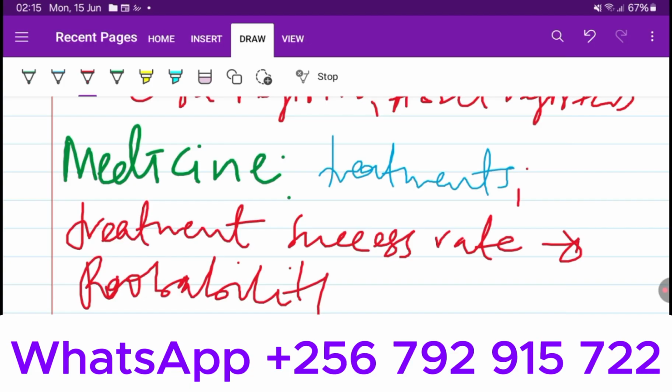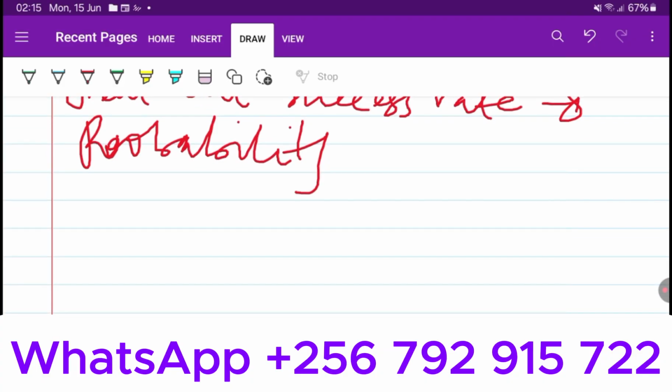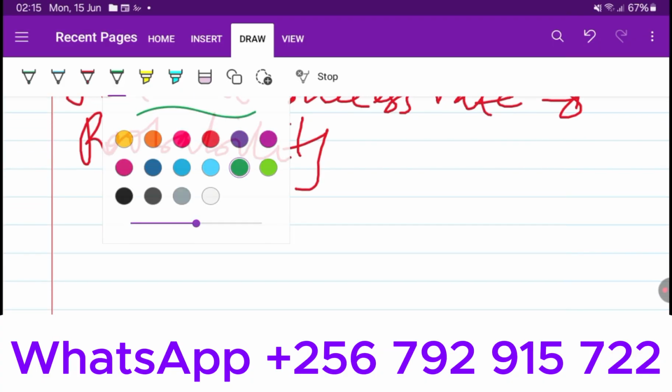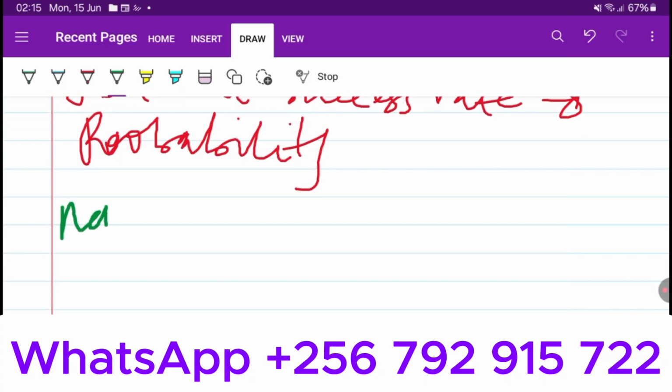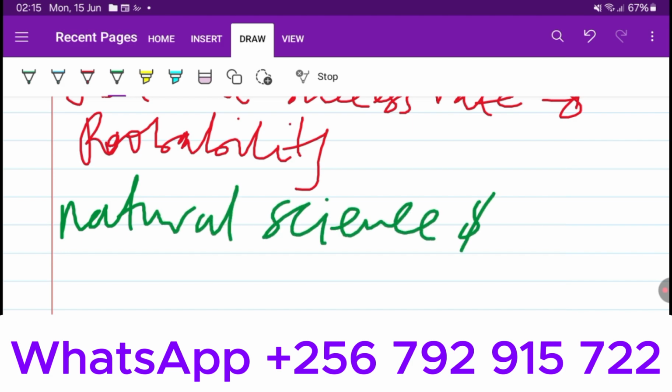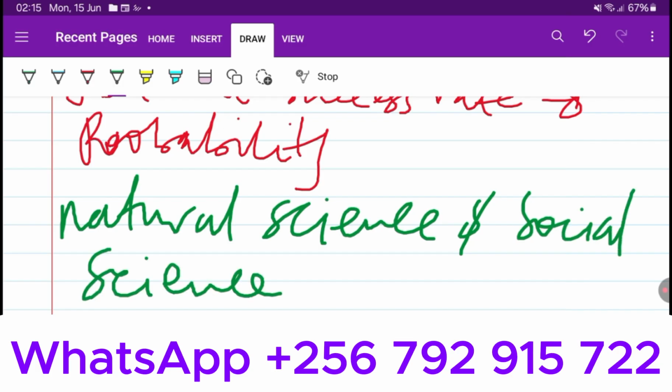You can also look at natural science and social science. In terms of applicability, we can talk about natural science and social science. Such sciences include biology, physics, mathematics, astronomy, chemistry, meteorology, geology, and other aspects.